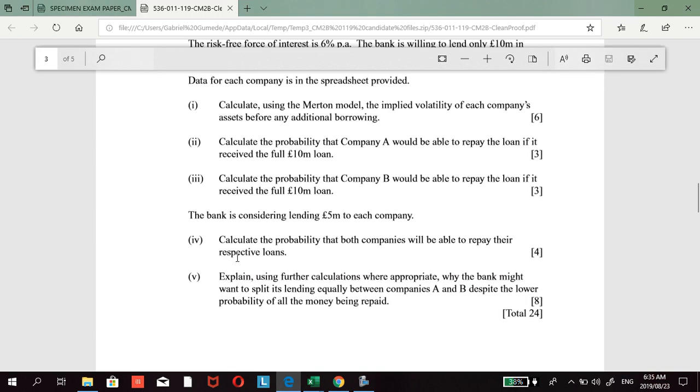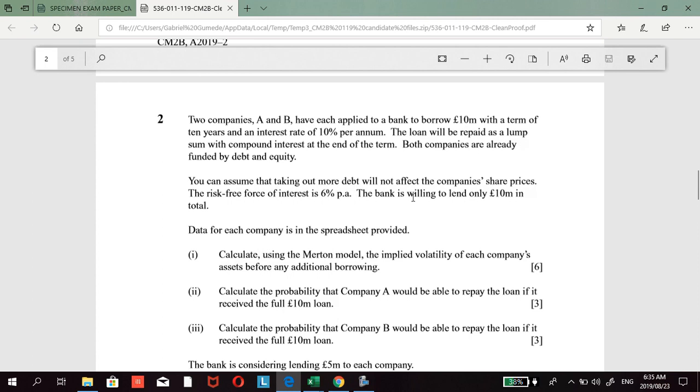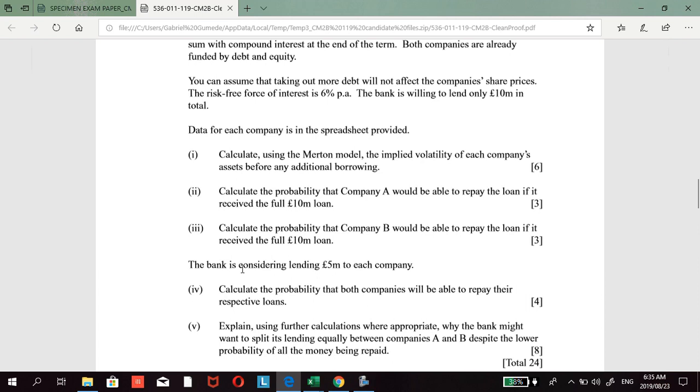Now they continue to say that the bank, remember at the beginning there they said the bank is willing to lend only 10 million. That is extremely important. You will see later why it is extremely important. Now, they're saying the bank is considering lending 5 million to each company. So 5 million to company A and 5 million to company B. Now they say calculate the probability that both companies will be able to repay their respective loan.